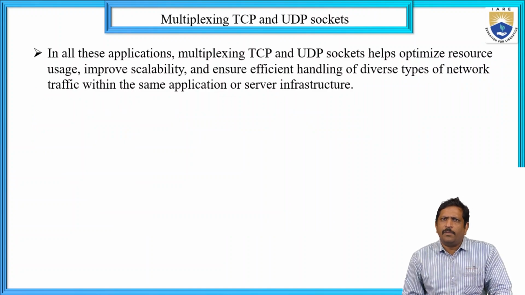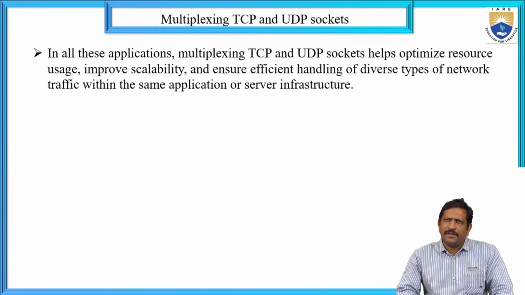In all these real-time applications, multiplexing TCP and UDP sockets helps to optimize resource usage, improve scalability, and ensure efficient handling of diverse types of network traffic within the same application, server infrastructure, or over the same network.